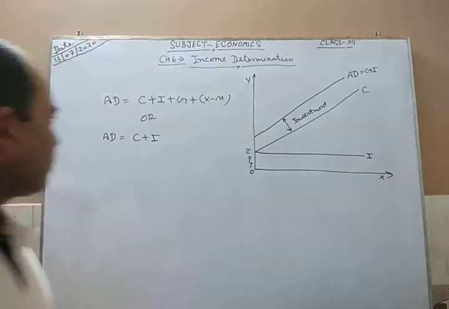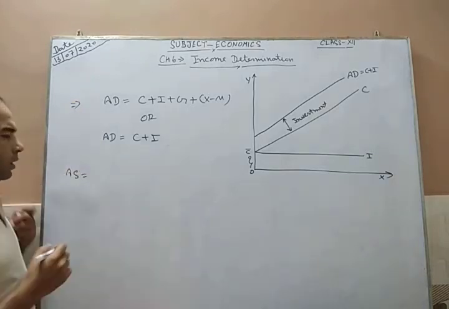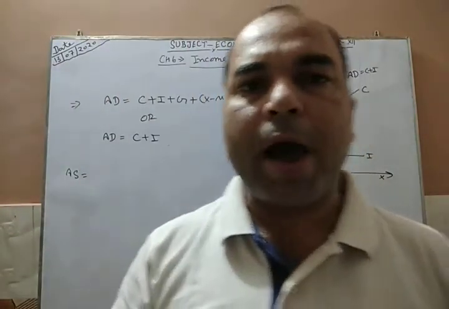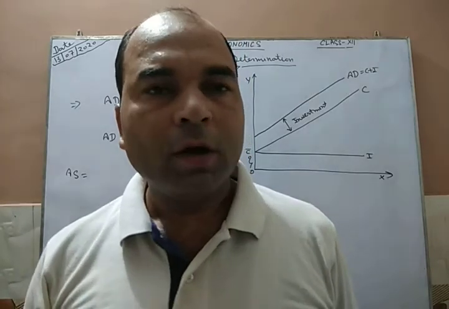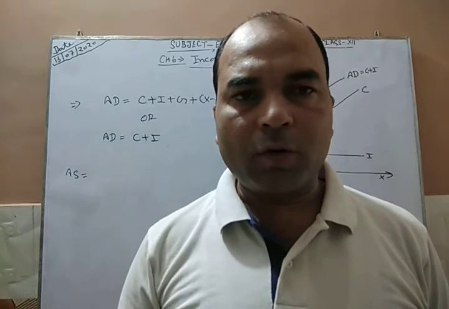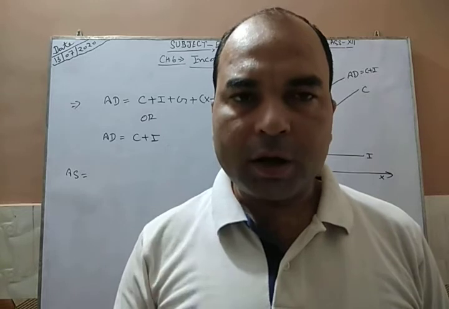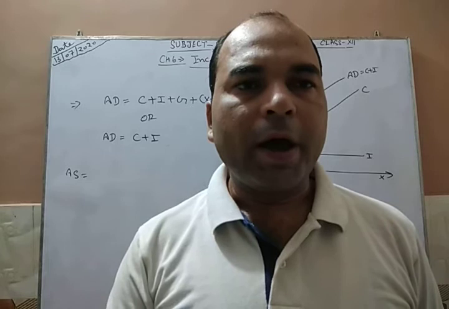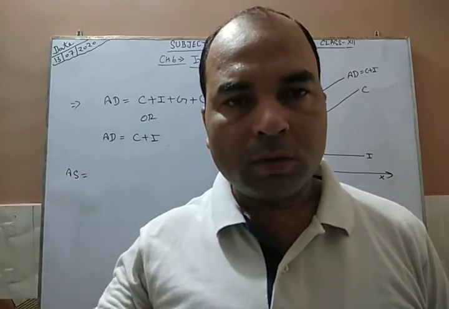Then after that we talk about aggregate supply. I have already proved that aggregate supply is equal to national income. It is clear to students, because in aggregate supply we require factors of production. Aggregate supply equals the total output of the country, and total output equals total factors of production, and the factors of production have to be paid.